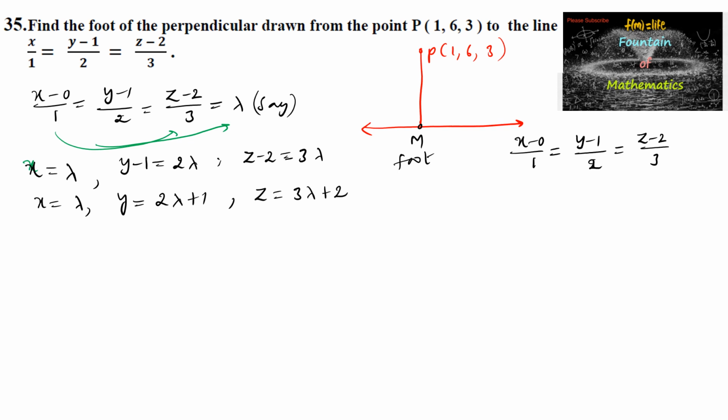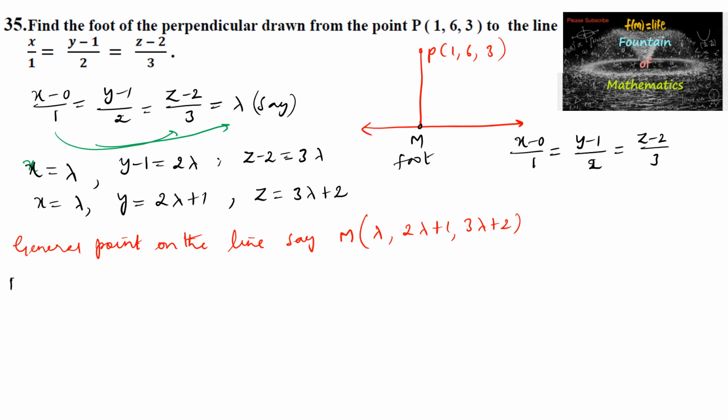So general point on the line, say M, is lambda, 2 lambda plus 1, 3 lambda plus 2.